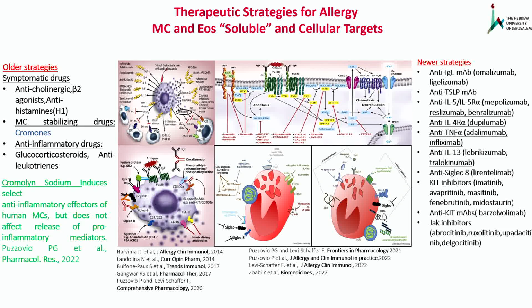But I would like to remind you that we have newer strategies. I mean, anti-IgE antibodies is already not so new. 15 years ago already, omalizumab was put on the market.